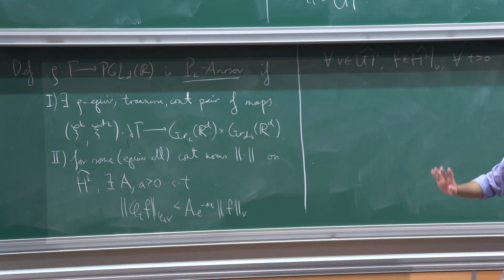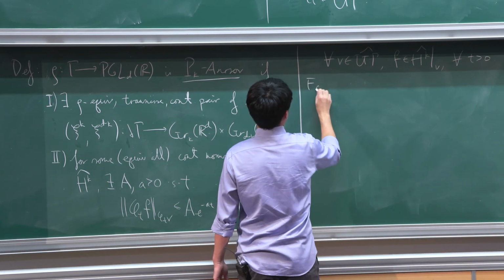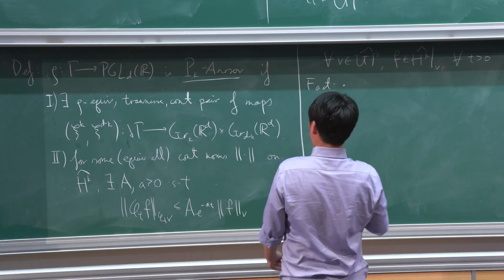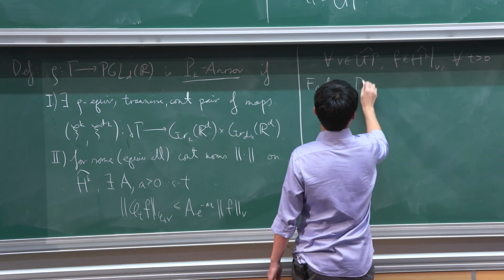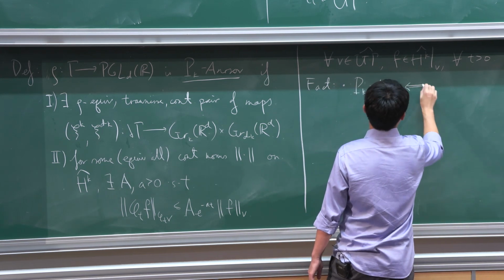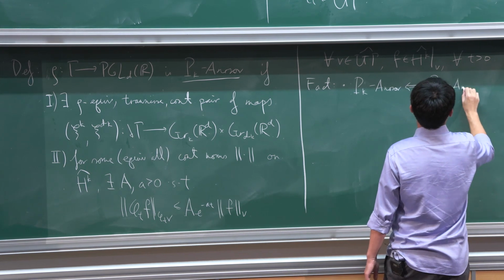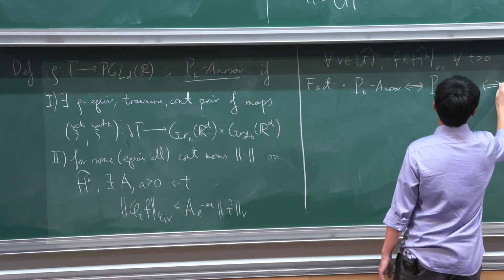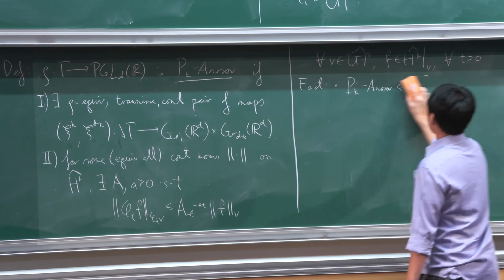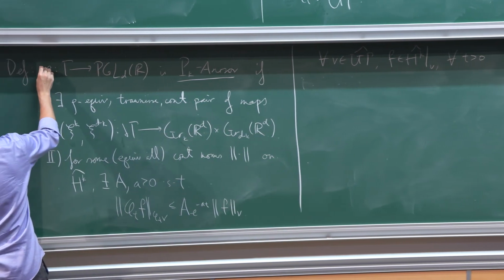But before I do that, let's make some observations. These are observations that Labourie made as well. The first observation is that your representation is PK Anosov if and only if it is PD minus K Anosov. This is what it means to be a PK Anosov representation.